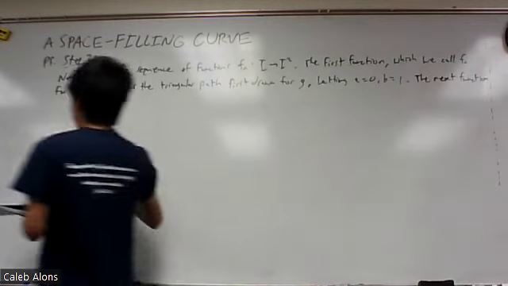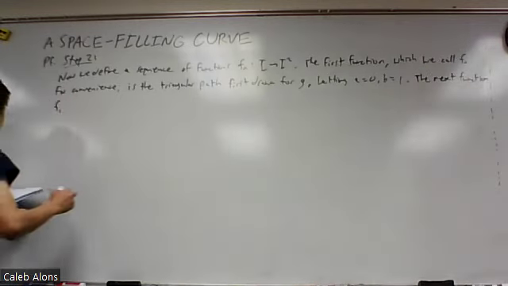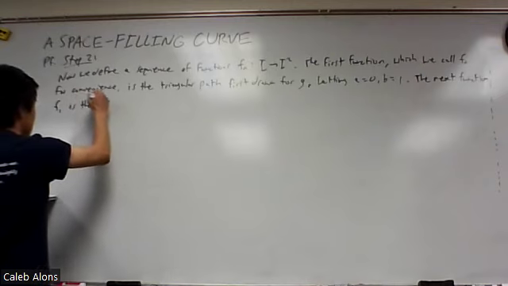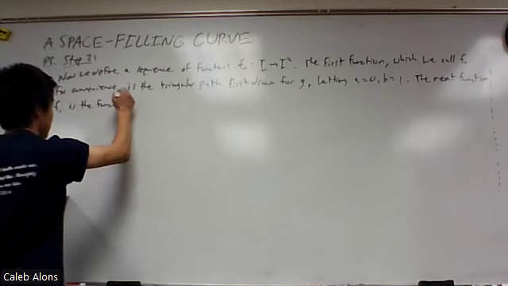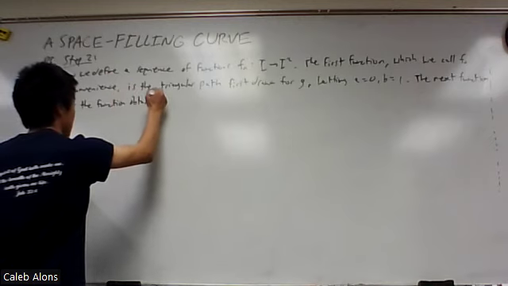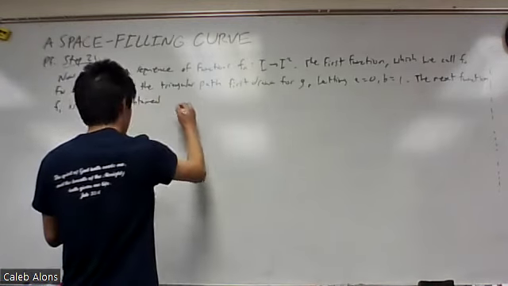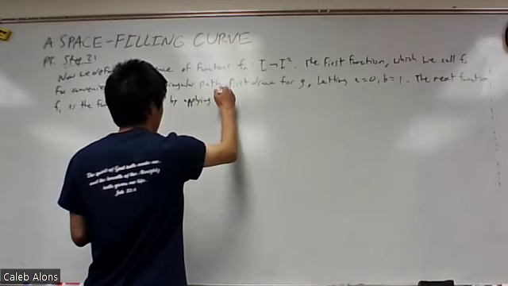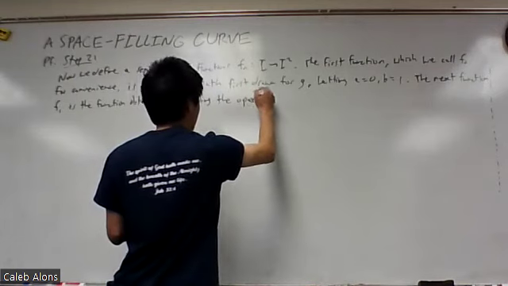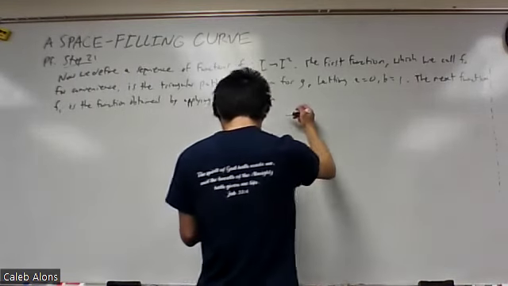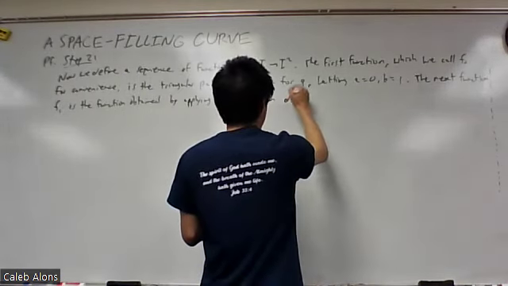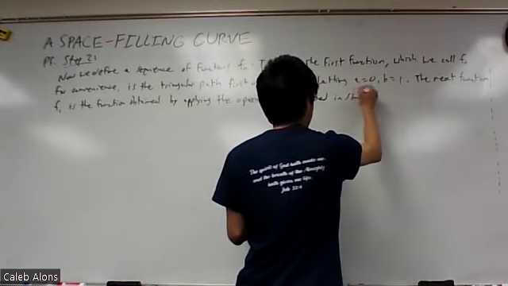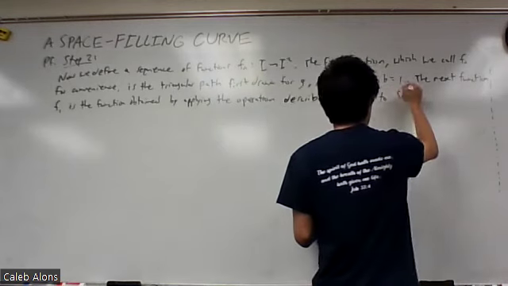And then the next function after f0 is going to be f1. And this is the function obtained by applying the operation described in step 1 to the initial one.